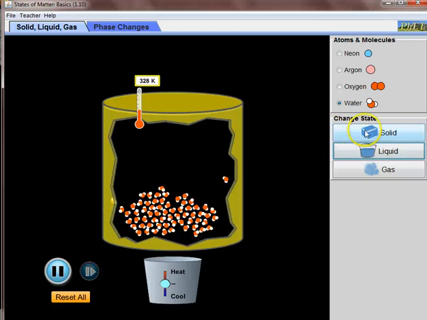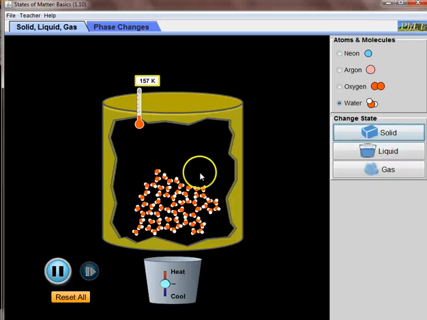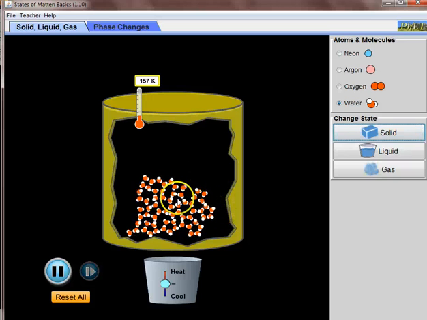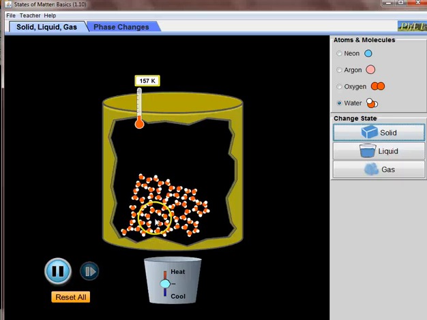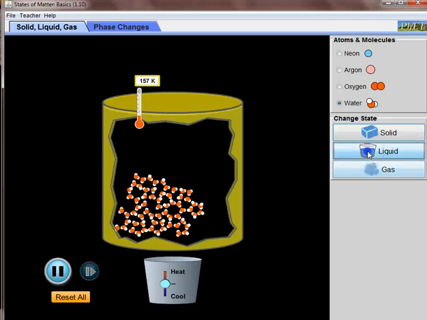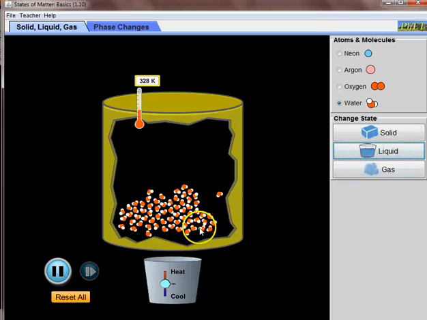Let's do that again. Solid: it seems like it has a larger space, and you can see that the molecules are farther apart from each other. There is more space between the molecules in solid state. If you turn to the liquid, the space decreases.